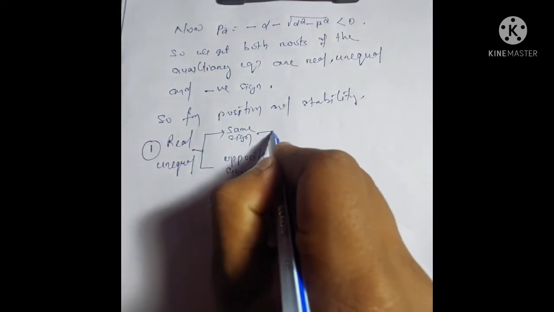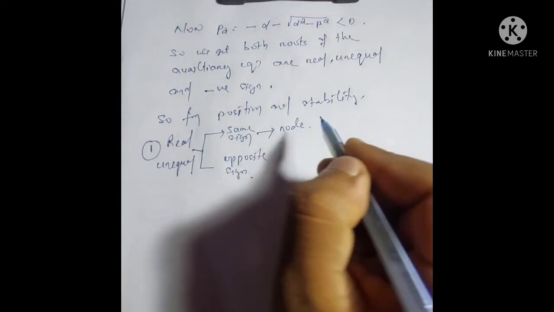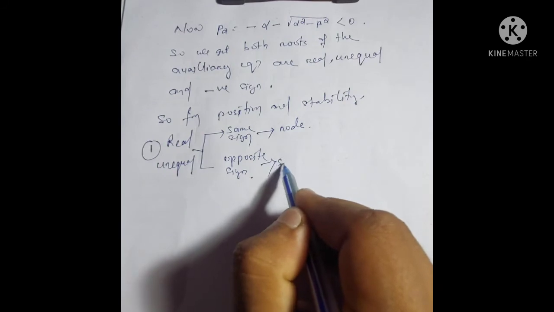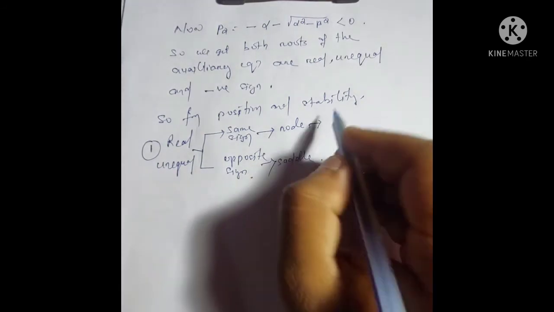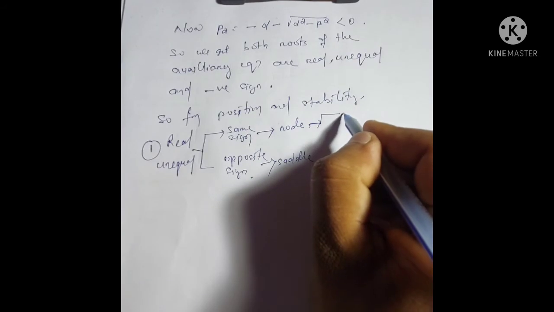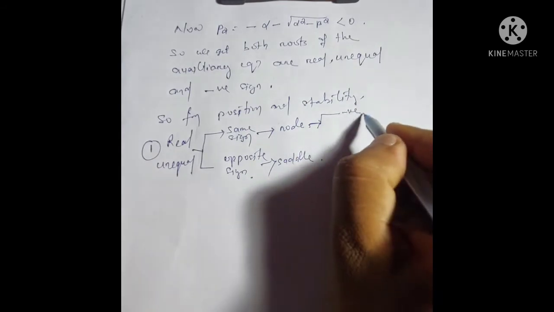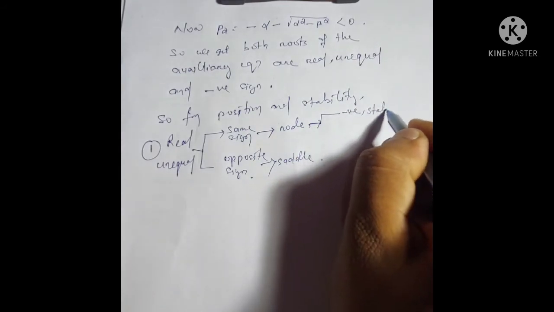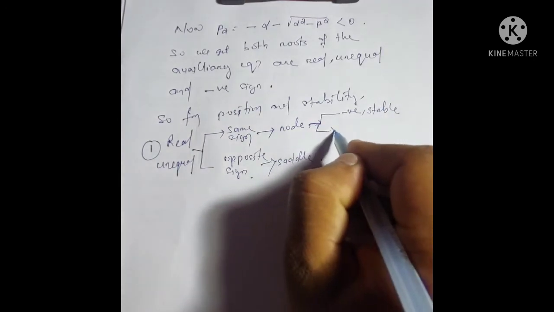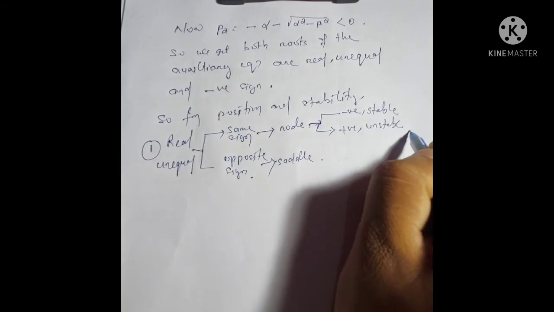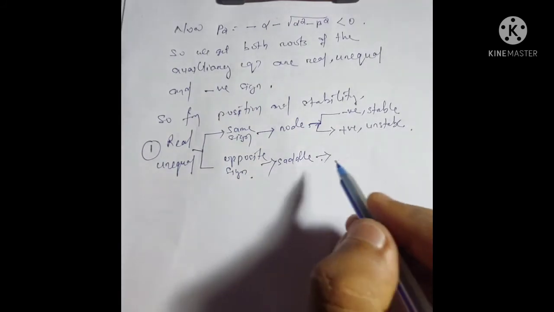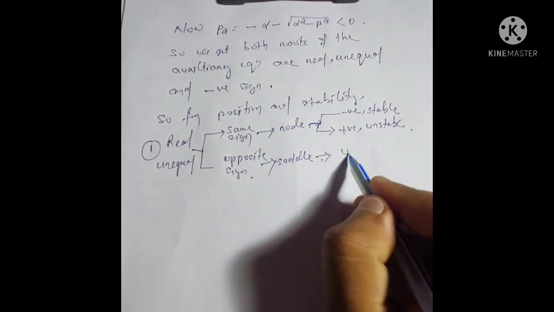If both roots are of the same sign, then it will be a node, and if both roots are of opposite sign, it will be a saddle point. Now for a node, stability will be: when both roots are negative, it is asymptotically stable, and if both roots are positive, then it is unstable. And for stability, saddle points are always unstable.